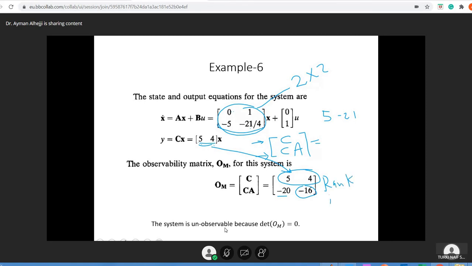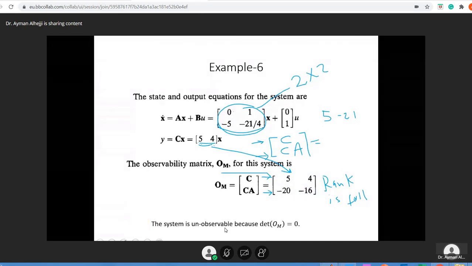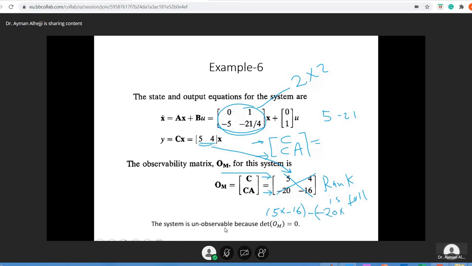Okay. So find the determinant. The determinant will be 0 because the determinant in a second order system is easy to calculate. Multiply this diagonal minus this diagonal. So if you multiply 5 times minus 16, minus 20 times 4, what will you get?